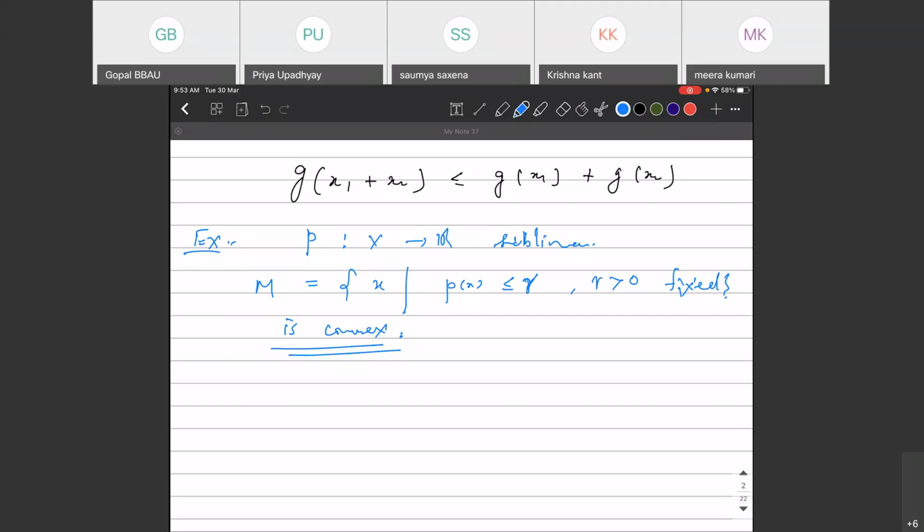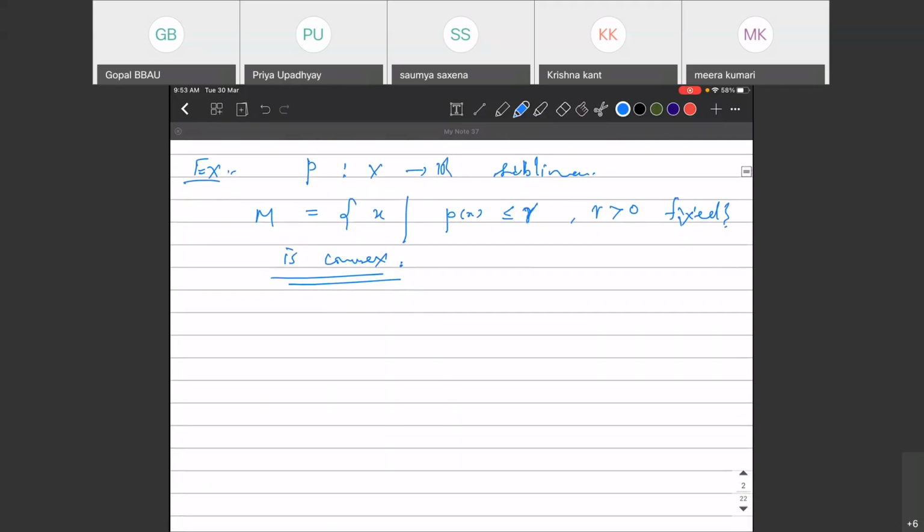So what is the definition of a convex set? What do we want to prove here? We want to prove M is convex. So how will we prove?